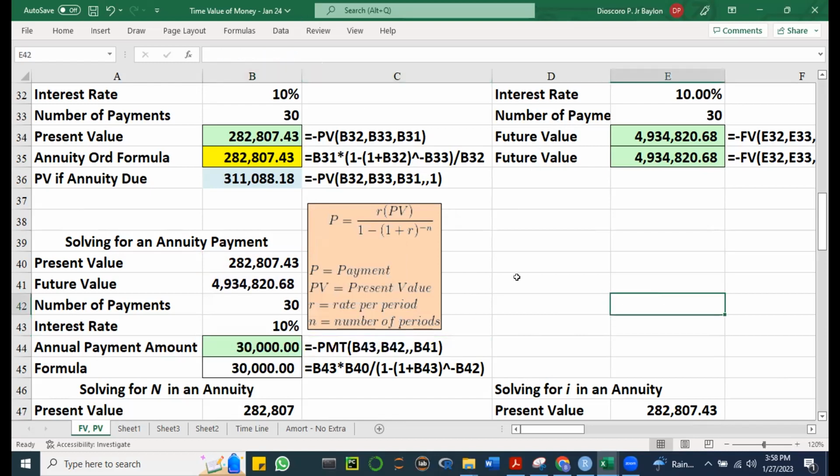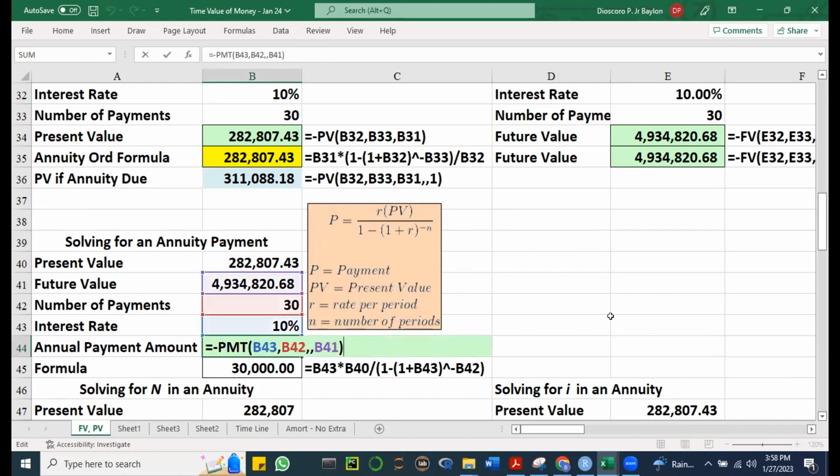Is there a reason why we didn't put the 282,807? I left the PV blank initially. That's what I used here. So take note, class, that we actually have only one cash flow.